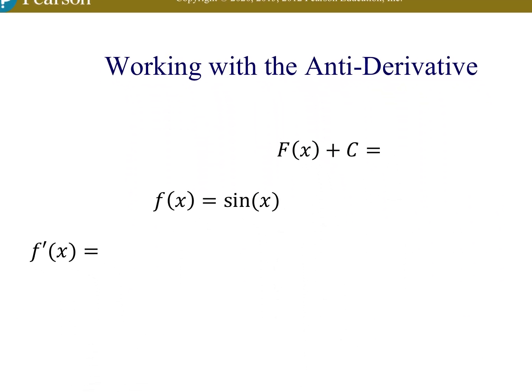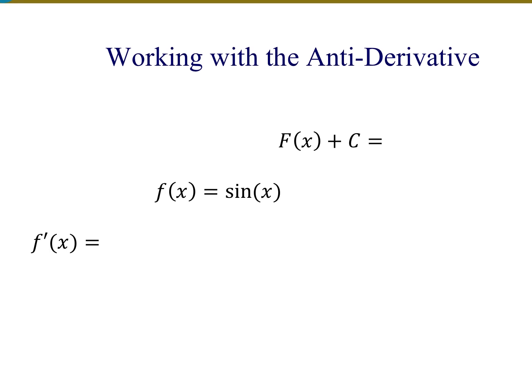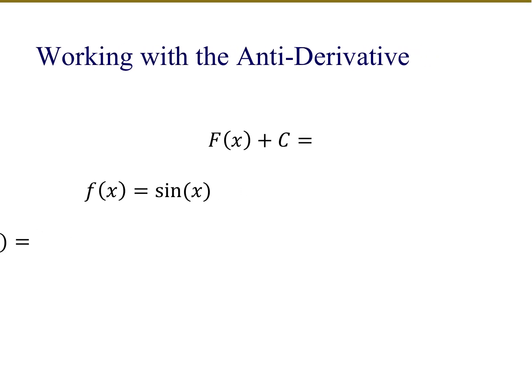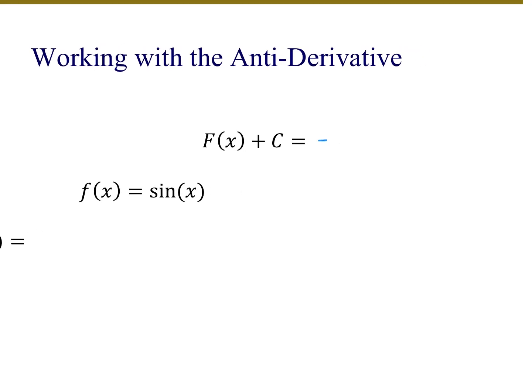Okay, how about this? All right, Tyler, which one do you want to do? I want to do antiderivative. Okay, I got negative cosine x plus c. Negative cosine x. You are correct.